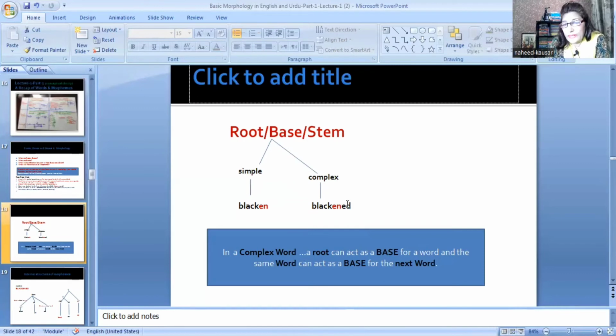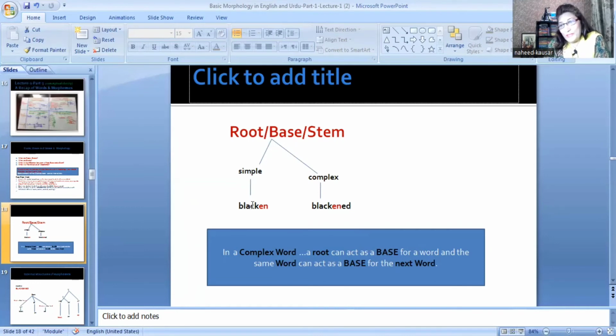For this ed, the blacken will be the base. So here, black is the root word. For the verb blacken, black is the base. And for this ed, the base in the word blackened is blacken.